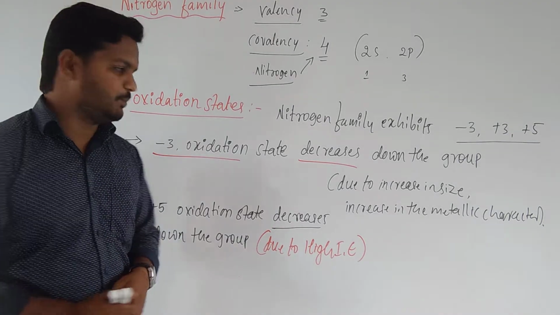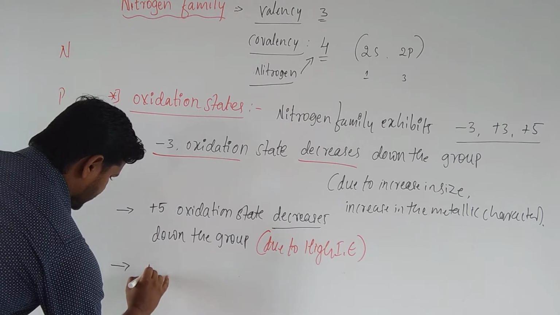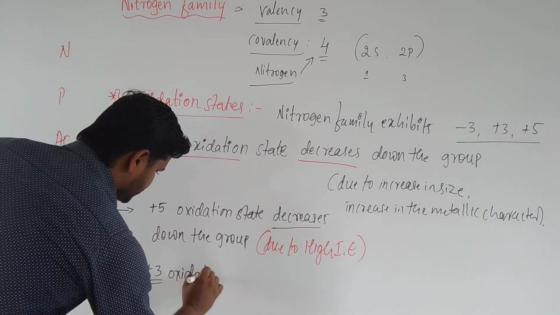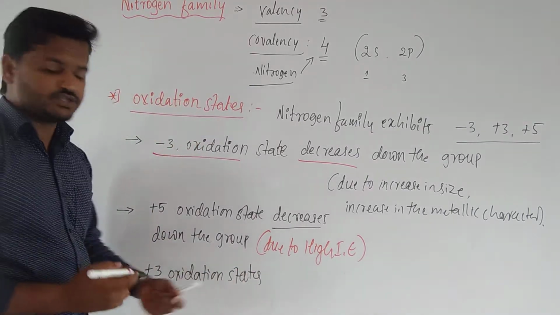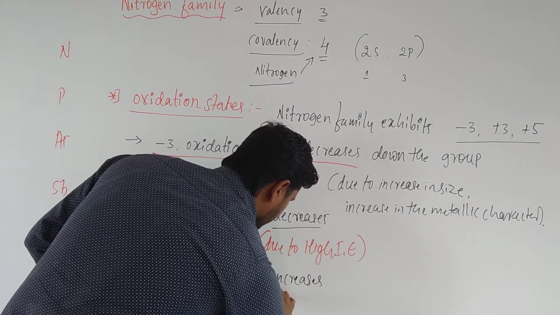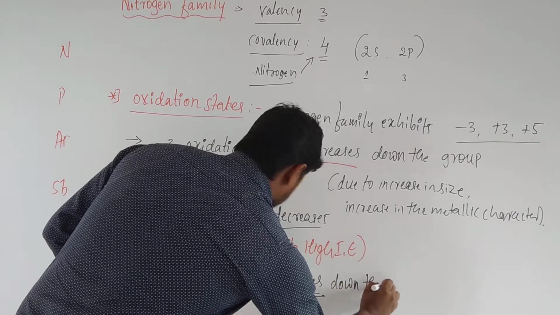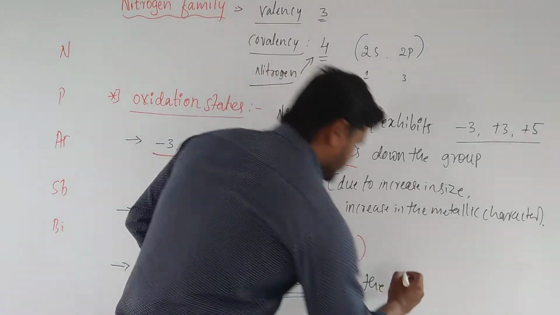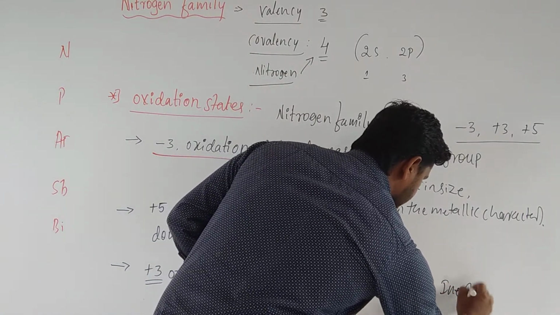Okay, and one more important point, that is the +3 oxidation state. The +3 oxidation state increases down the group. Students, the +3 oxidation state increases down the group due to the inert pair effect.